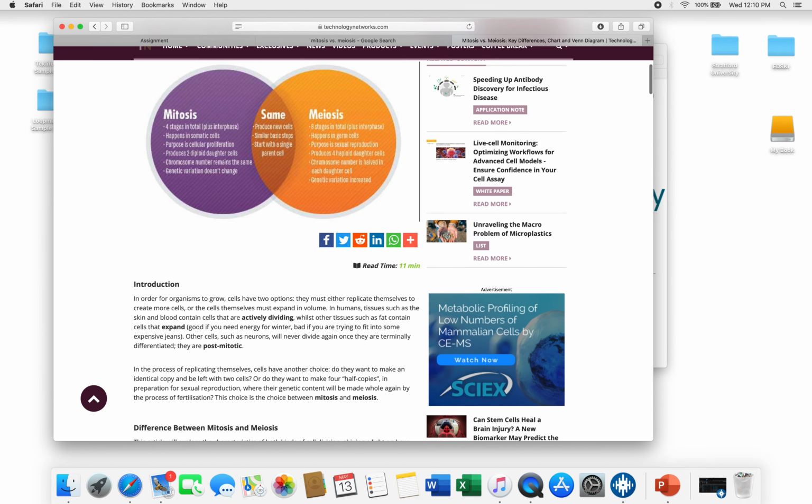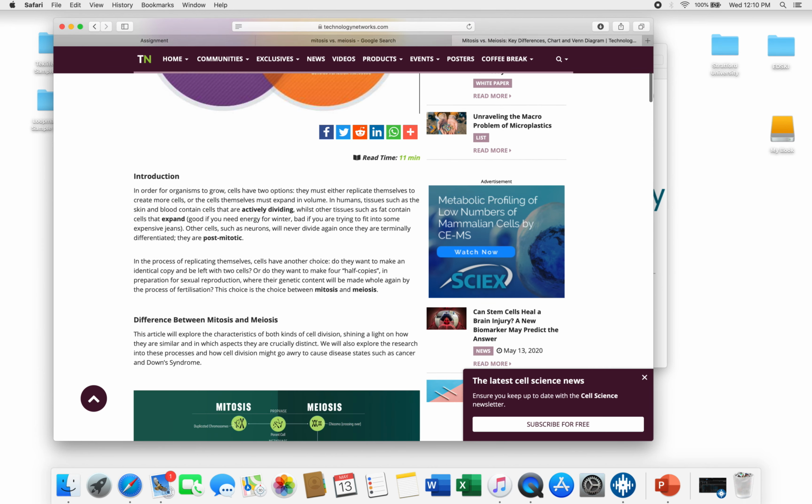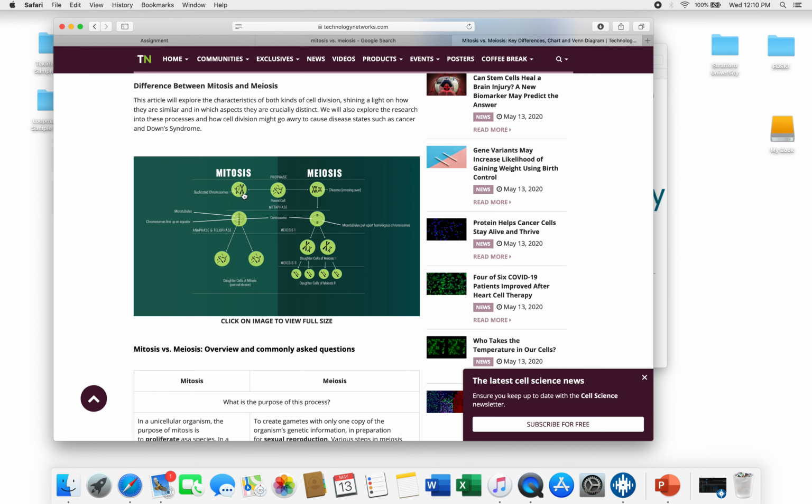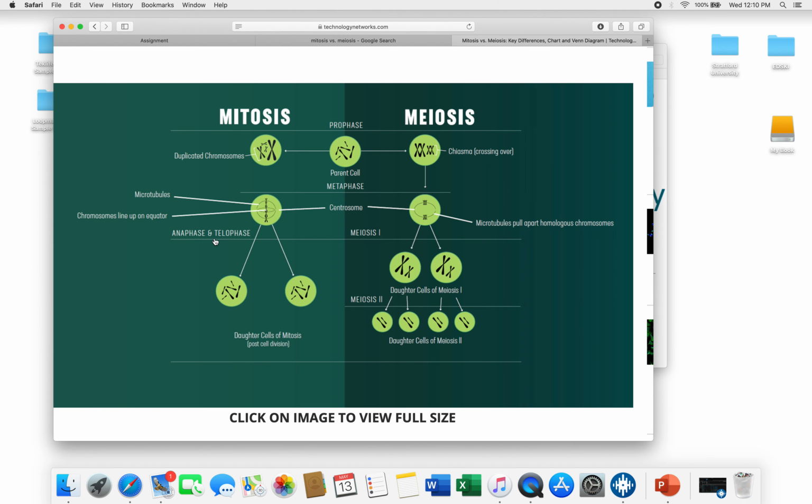Let's look. They all have the first four stages of cell division and multiplication, which is the multiplication of the DNA inside.